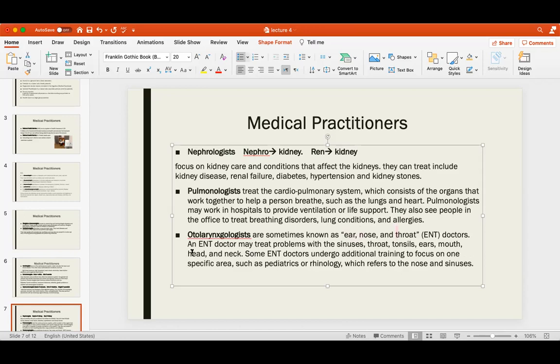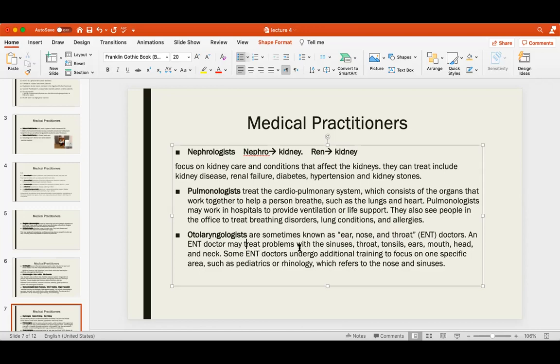An ENT doctor or otolaryngologist may treat problems with the sinuses, throat, tonsils, ear, mouth, head, and neck. Some ENT doctors undergo additional training to focus on one specific area, such as pediatrics or rhinology, which refers to the nose and sinuses. All right?